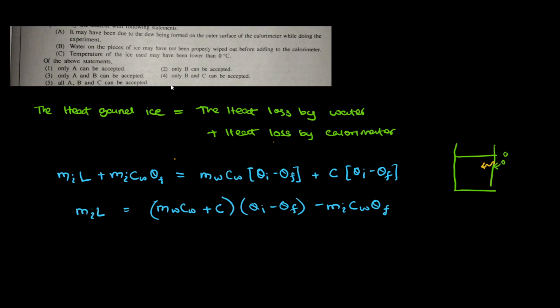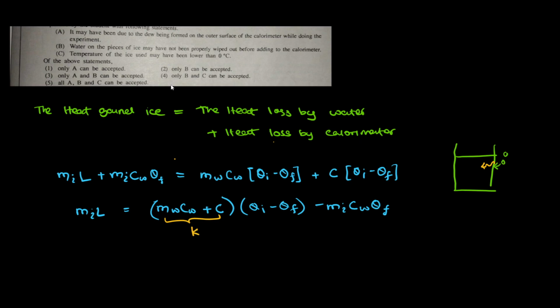That energy is absorbed by the water, so it will be dissolving more ice cubes. Before that, let's look at this Mw, Cw plus C. All of them are always constant. Mw is the initial amount of water, so Cw and C are constant. In this experiment, the initial amount of water will remain the same throughout the experiment. Therefore, this part is always a constant.